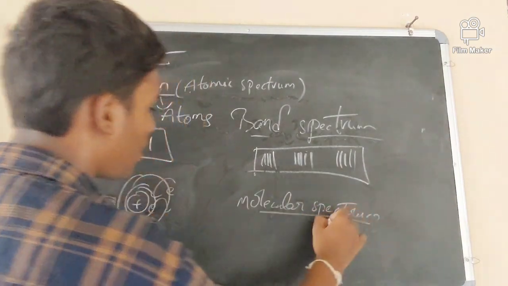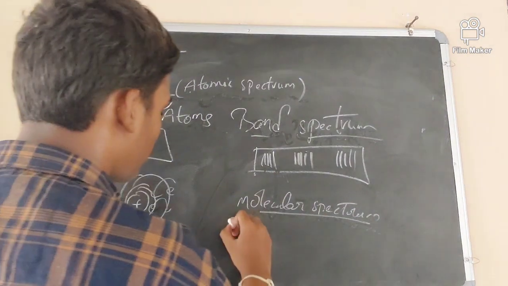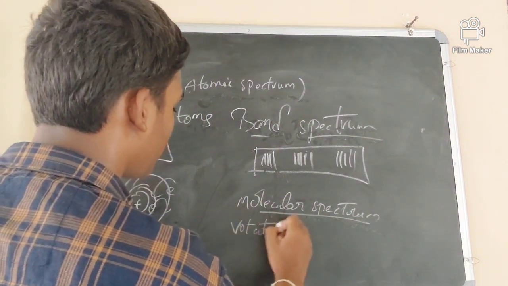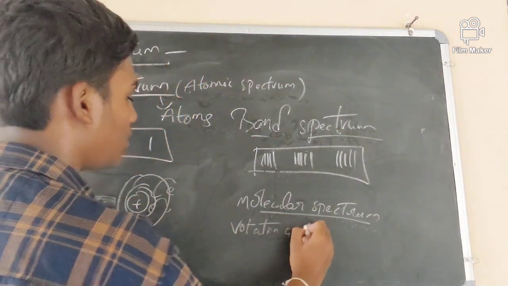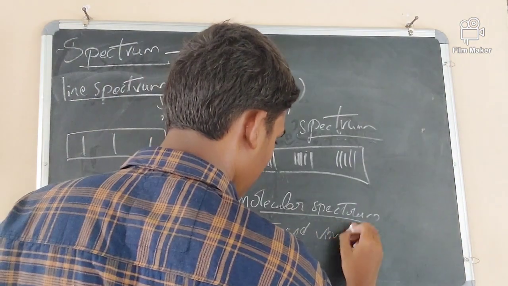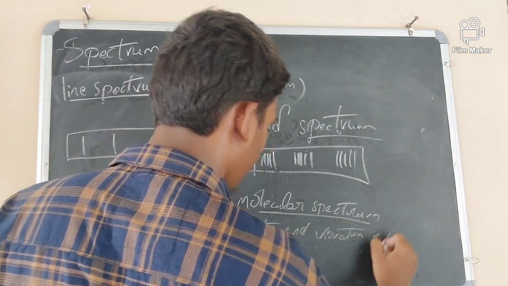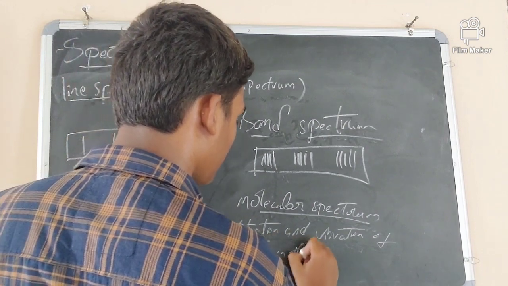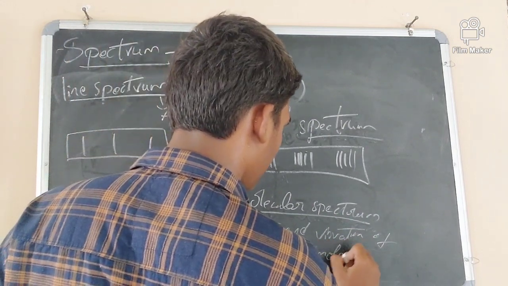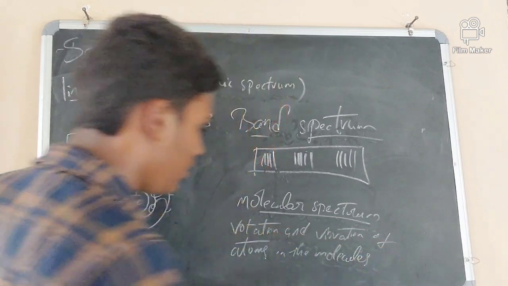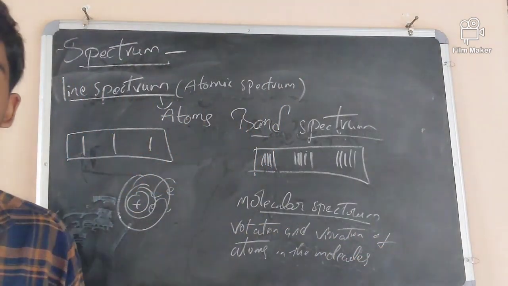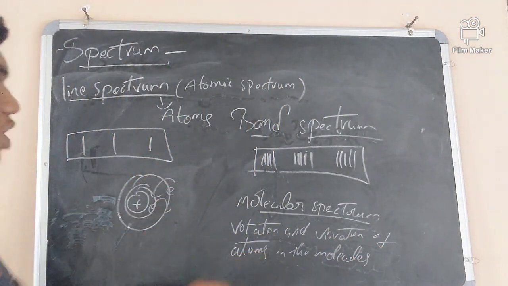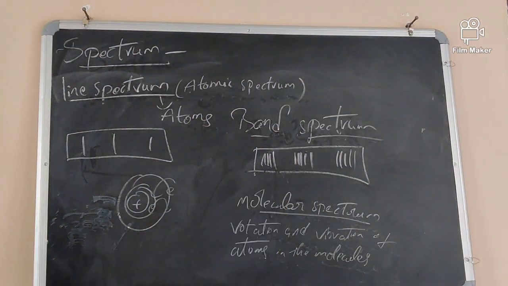It is due to rotation and vibration of atoms in the molecules that the band spectrum is formed. This is how it looks.